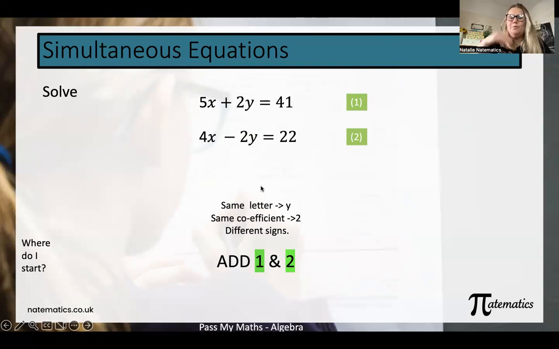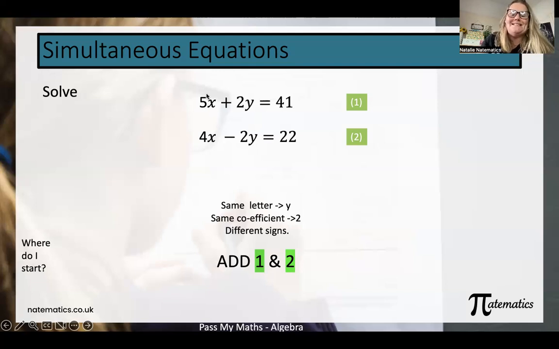What we do is look at each of the letters, x and y, and see whether any of them have the same number in front of them. That's what we call the coefficient. So 5 is the coefficient for this, 2 is the coefficient for this.